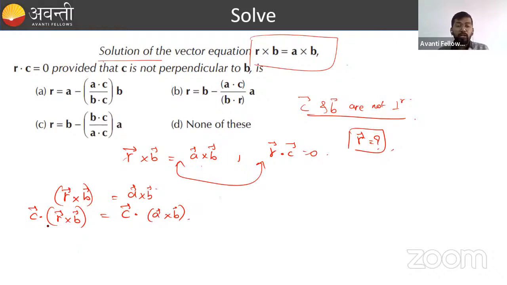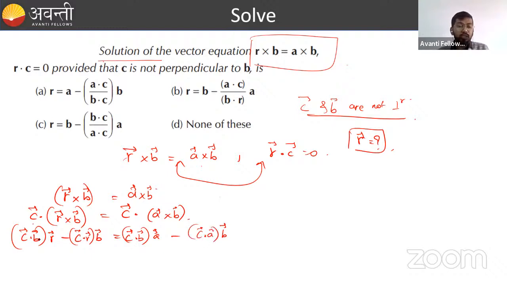We know that a bar dot b bar cross c bar, how to write this? First we write r bar and then c bar dot b bar, minus b bar and then c bar dot r bar. Similarly here we write a bar times c bar dot b bar, minus b bar times c bar dot a bar.